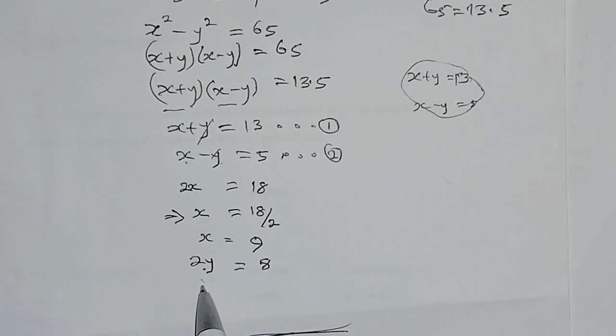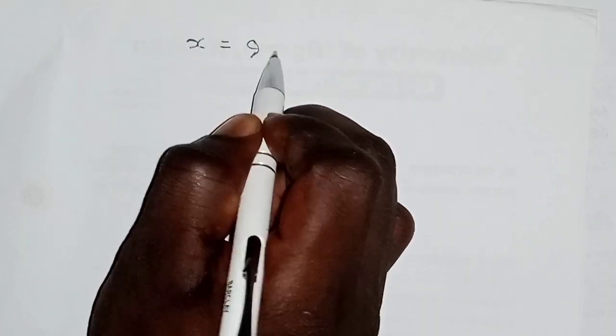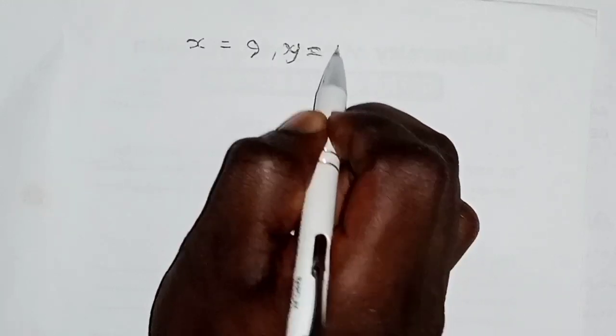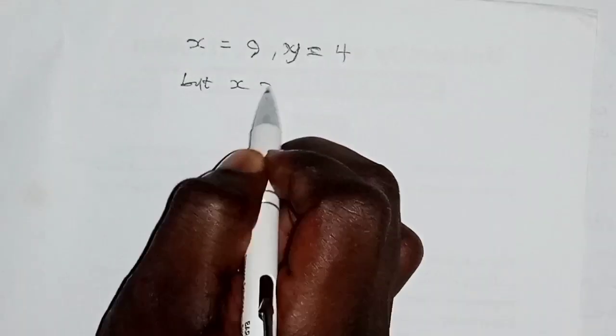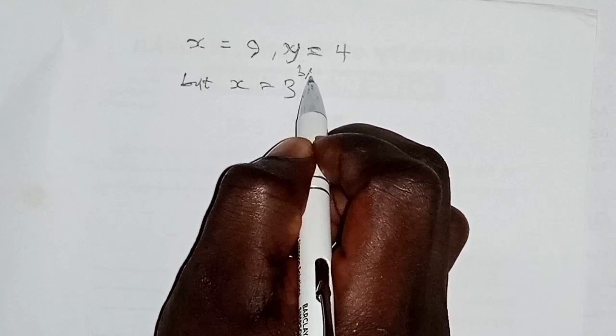Then of course I'm going to divide through by 2, and from there I get that y is equal to 4. So we have gotten that x is equal to 9, and y is equal to 4.